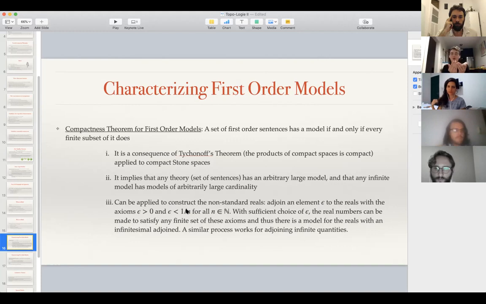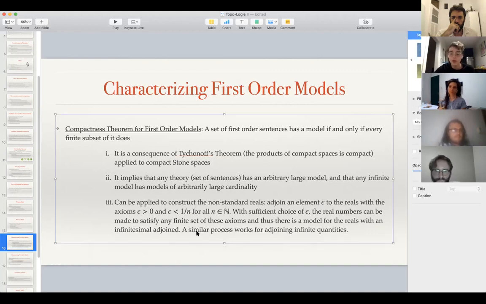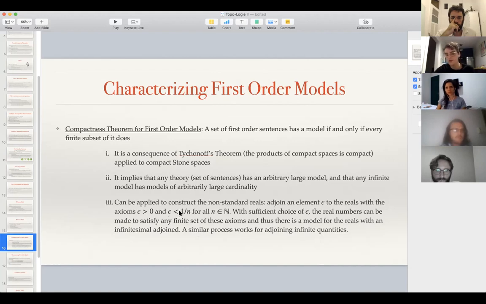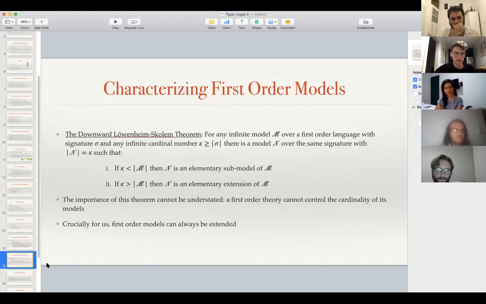So it's in between 0 and everything else. But the compactness theorem pretty quickly shows that there exists a model of these non-standard reals. And you can do a similar thing to add an infinite quantity, basically saying it's greater than n for all n. And it's the same kind of argument. I thought that'd be a little interesting side note.